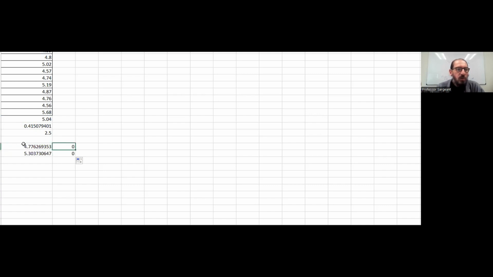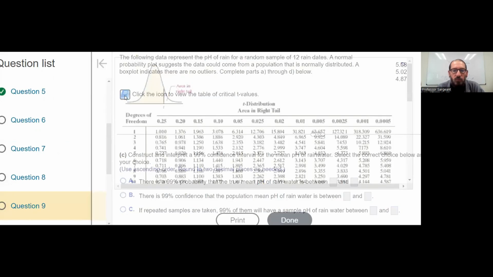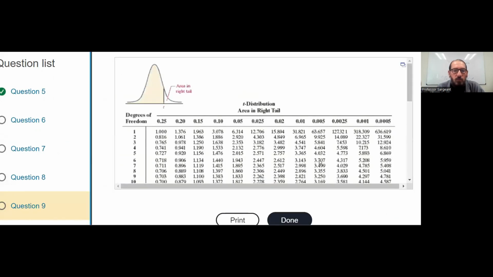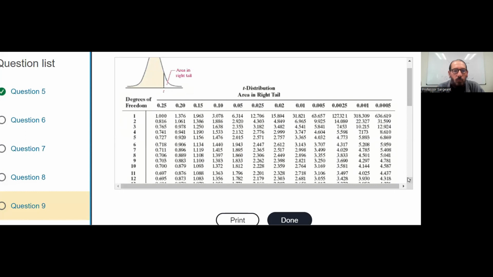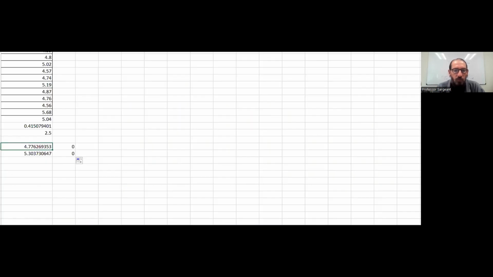I want to change the 2.201 to the 3.106. All right. So fix the row, but I didn't fix the column. Darn it.